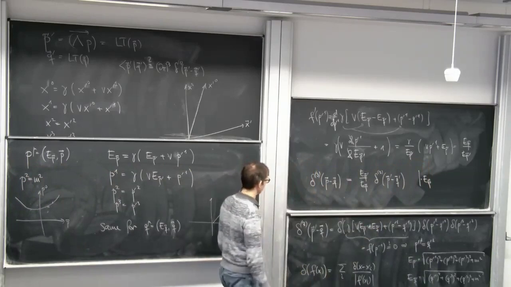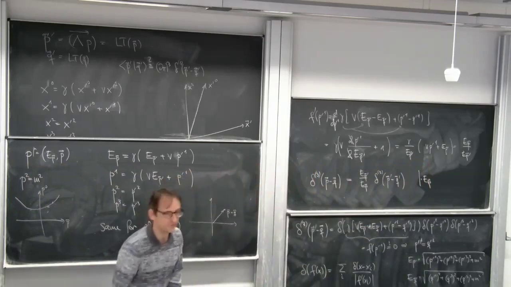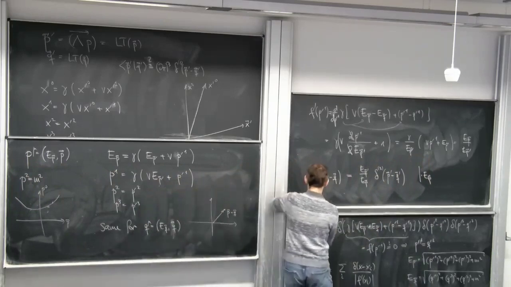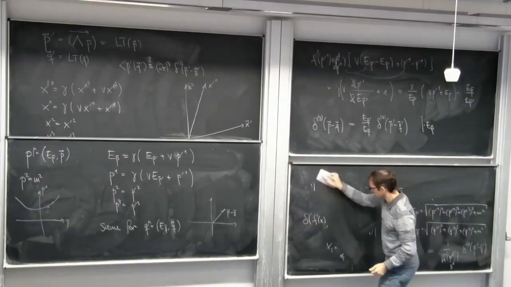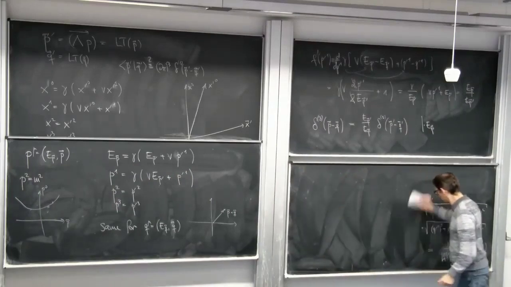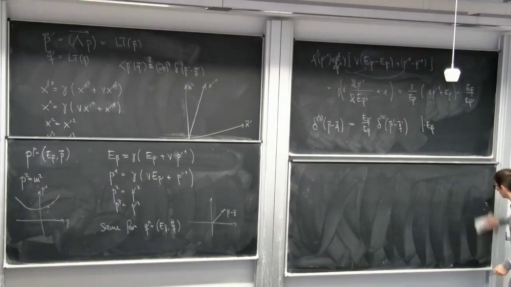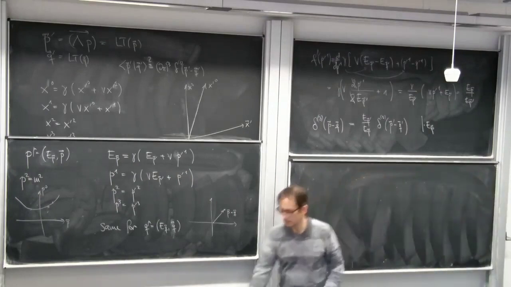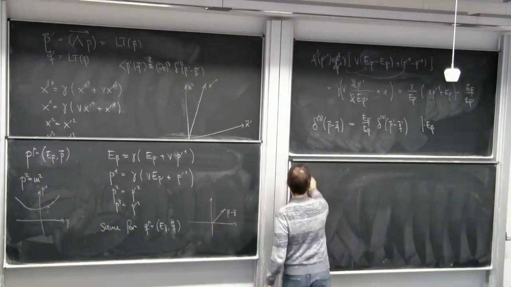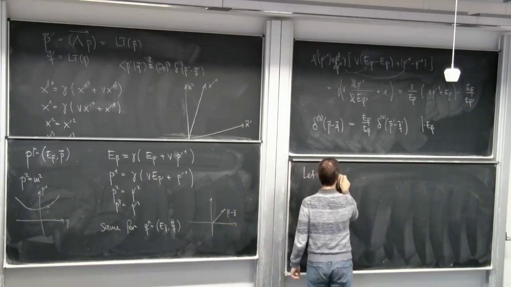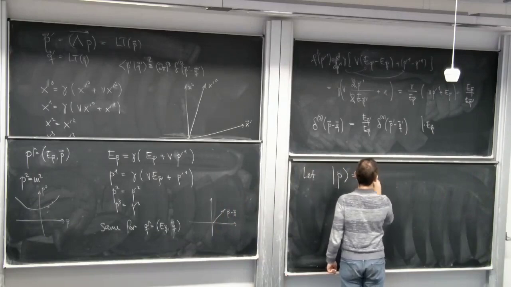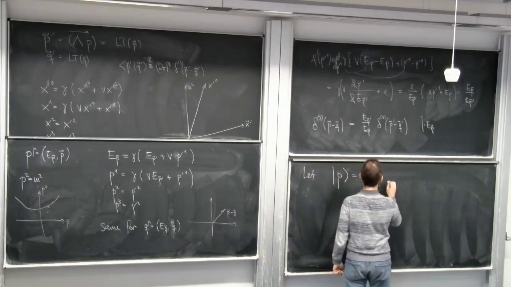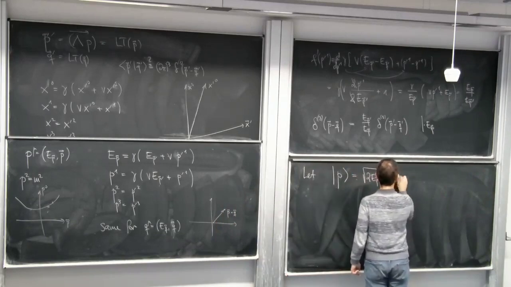So let's do it. We redefine our states, we rescale them. So let P, there's no error on it, P square root 2EP, the 2 is unnecessary, but I'll comment.